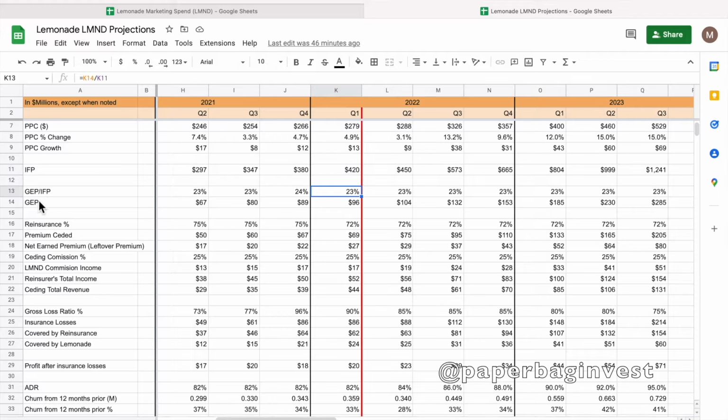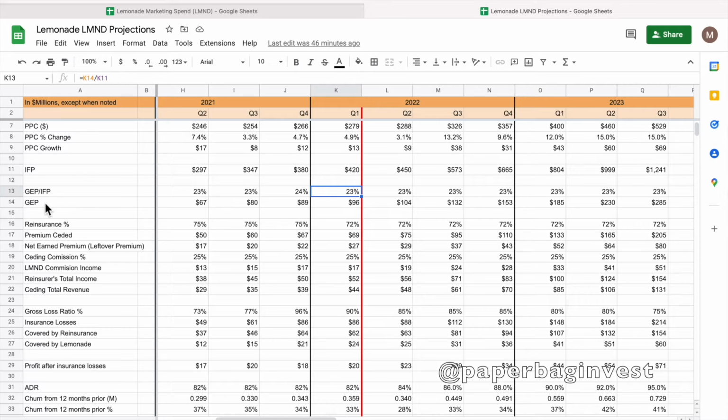Then I have gross earned premium as a fraction of in-force premium. Remember, in-force premium is all the premium of every single policy in force at any given moment. So at the end of each quarter, they would count all the premium they have in force. Gross earned premium is how much premium in that quarter ended its term. Say somebody has a renter's insurance policy with Lemonade on a 12-month basis.